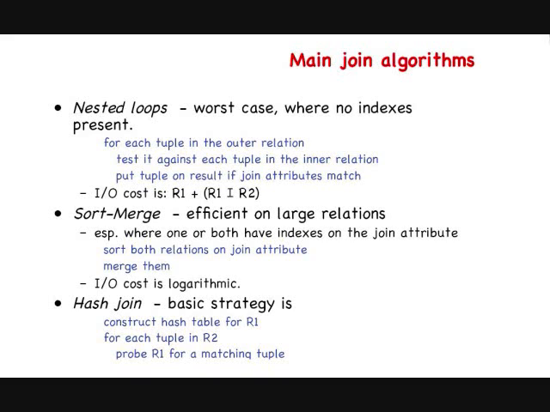So what you do, for each tuple in the outer relation, so that's usually the bigger one, you test it against each one in the inner relation and put it on the output if the two match. So you're going through the bigger thing once and the smaller thing, the inner thing, once for every tuple in the outer.